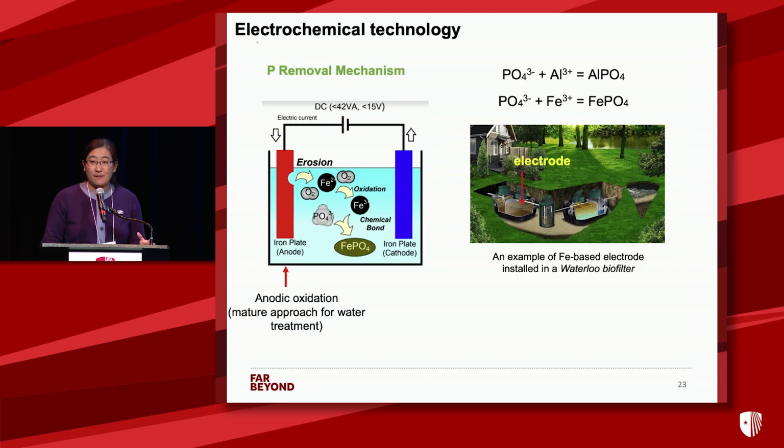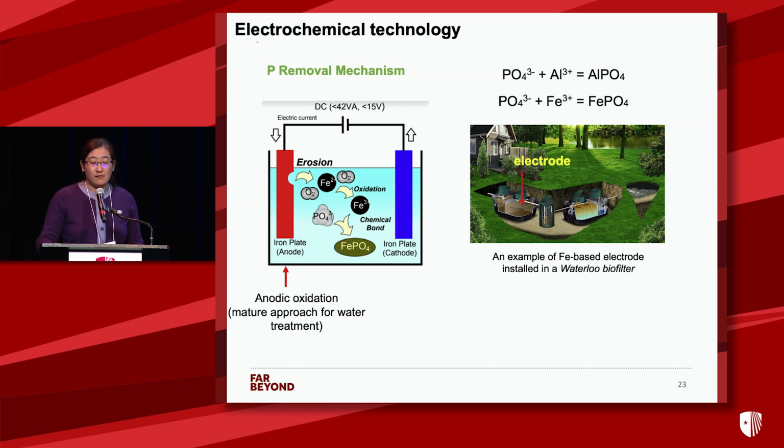So in addition to the media filtration, I also want to mention another important research area we have been working on, which is electrochemical technology. In this slide on the left, you can see a schematic drawing showing the removal mechanism. Electrochemical technology is a very mature technology in the water industry to deal with a variety of different contaminants. Specifically in our case, when you apply the electric current, the anode, in this case this red anode, is made of an iron plate.